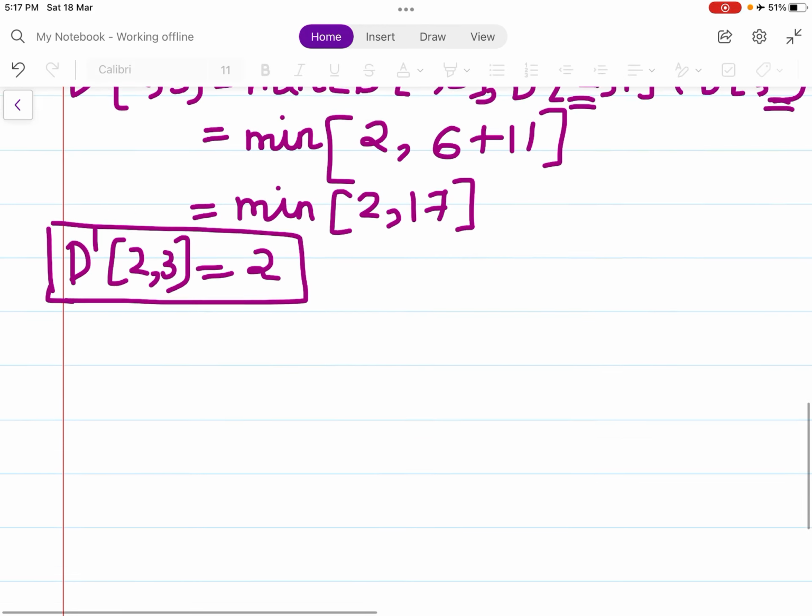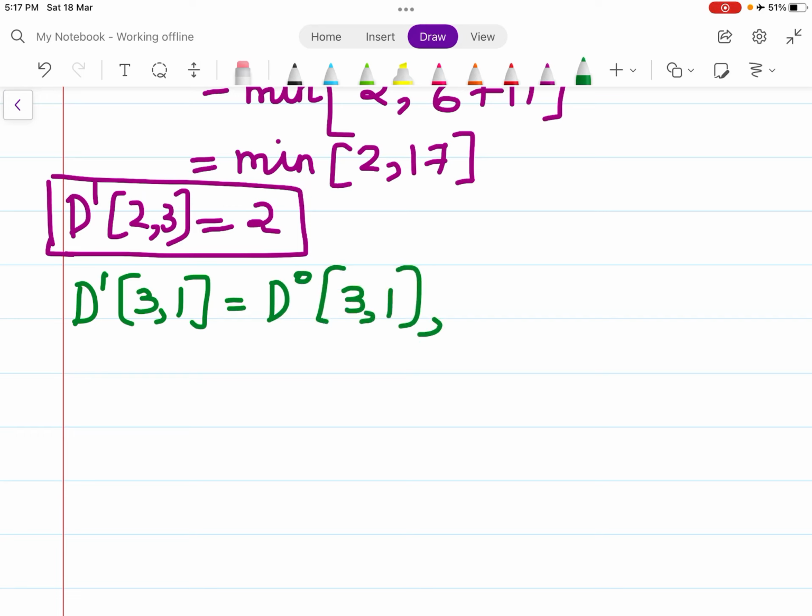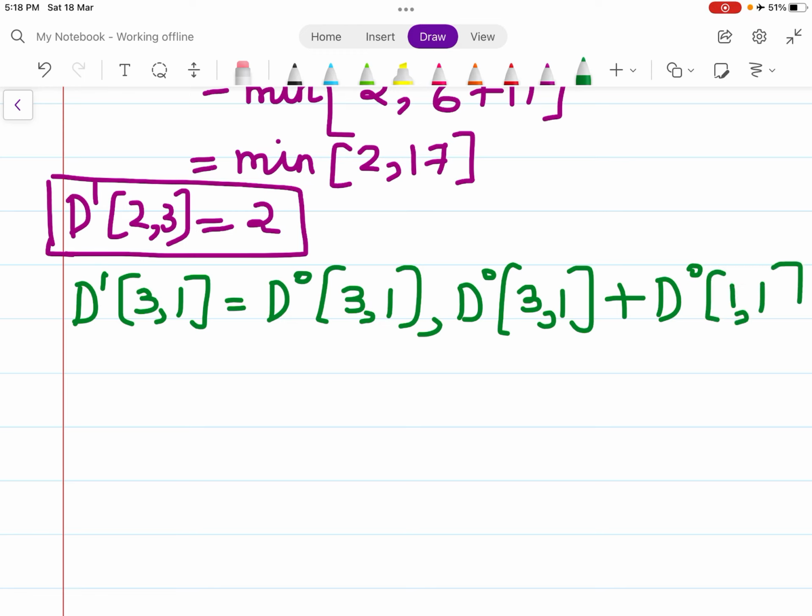After that you have 3,1. So we'll find d1 of 3,1, which will be the min of d0 of 3,1 and d0 of 3,1 plus d0 of 1,1, with 1 in between 3 and 1.